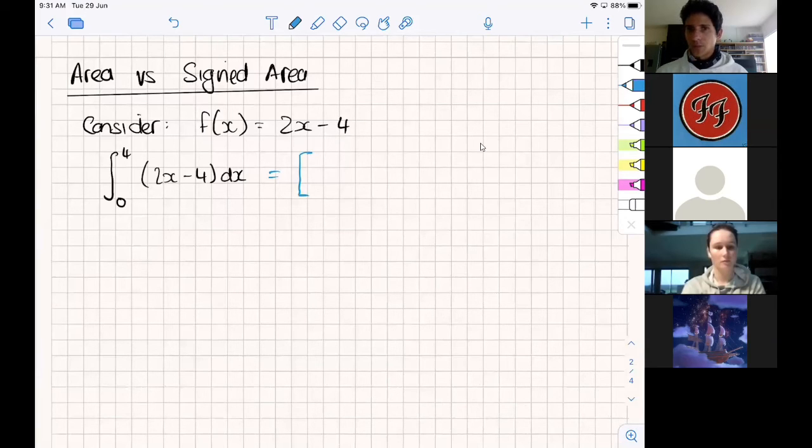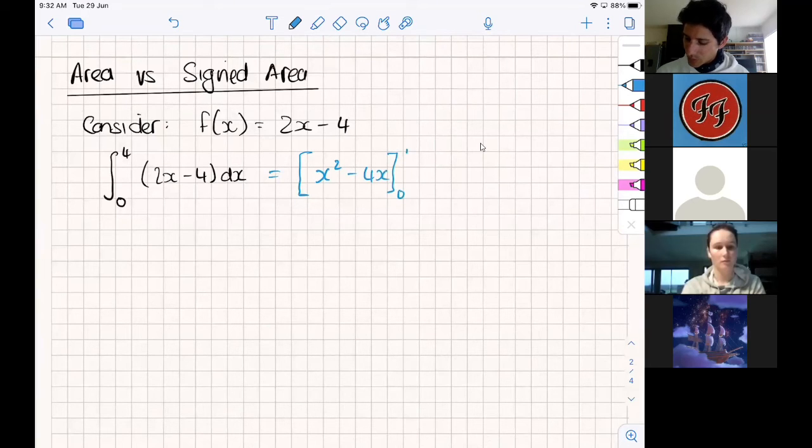So we're going to anti-differentiate to do that. If I anti-differentiate 2x, what will I get, Dominic? X squared. Yeah, you should just get nice round x squared. And if I anti-differentiate minus 4, I'm going to get minus 4x. Now, because I am taking this between two limits, I can ignore the constant C. So what I'm going to do now is take f of 4 and take away f of 0.